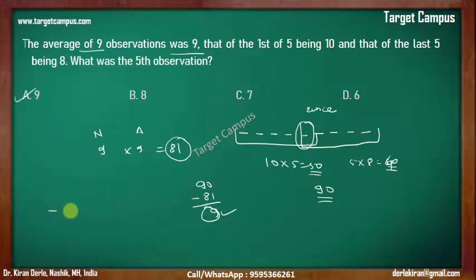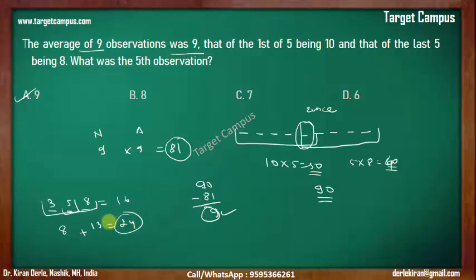You can just experiment on 3 numbers. So let's say this is 3, this is 5, and this is 8. The total of these 3 terms is 16, right? And if you make the total of these 2 as 8 and these 2 as 13, the total will be 24.